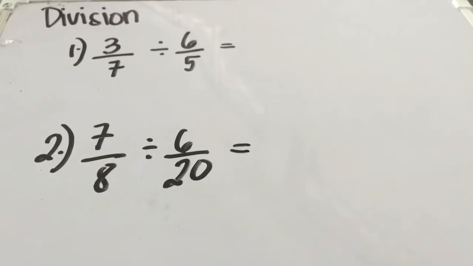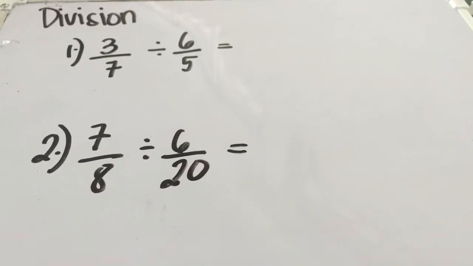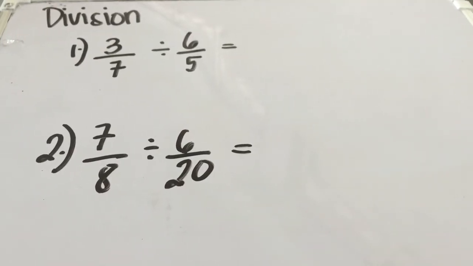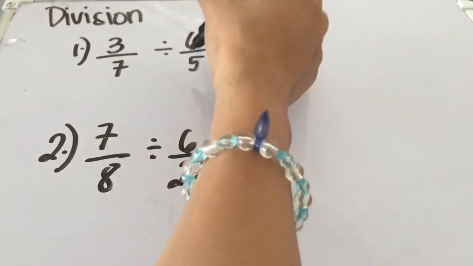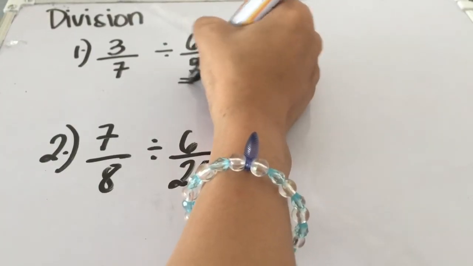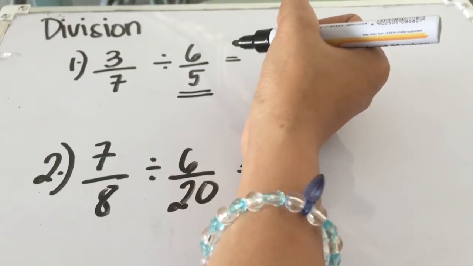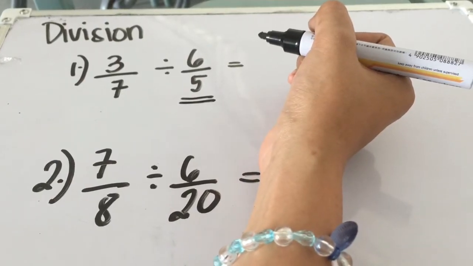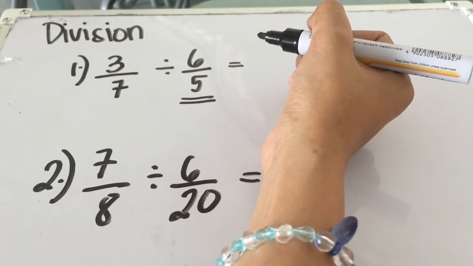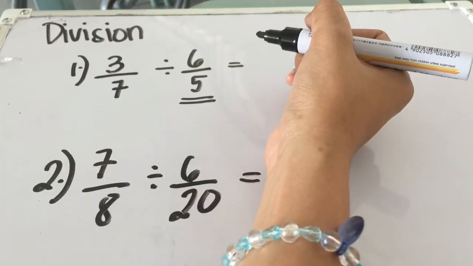So sa division naman, may rule tayo dito. So number 1, 3 all over 7 divided by 6 all over 5. Our divisor, ibabaliktarin mo yung denominator and numerator, then that's the time i-multiply mo siya.